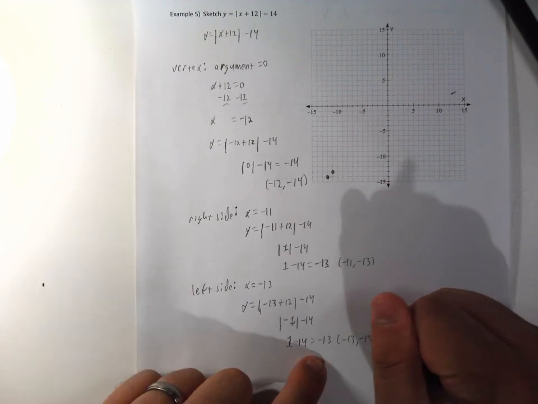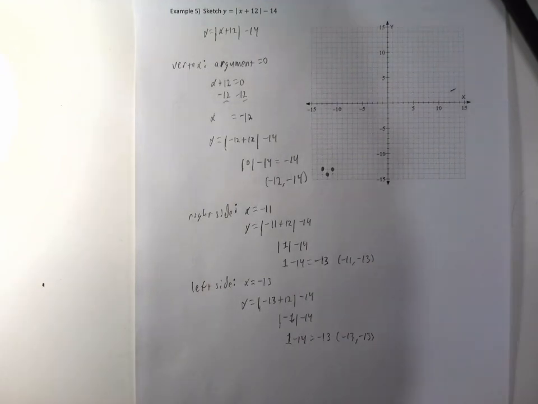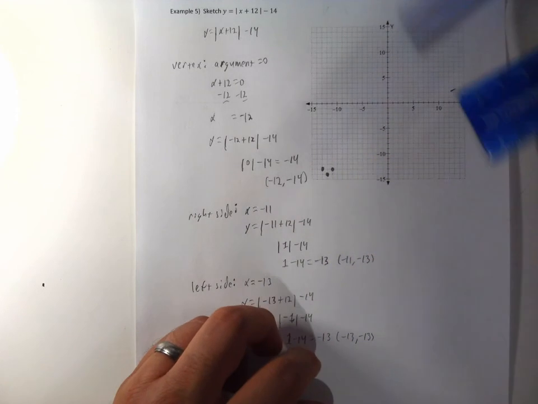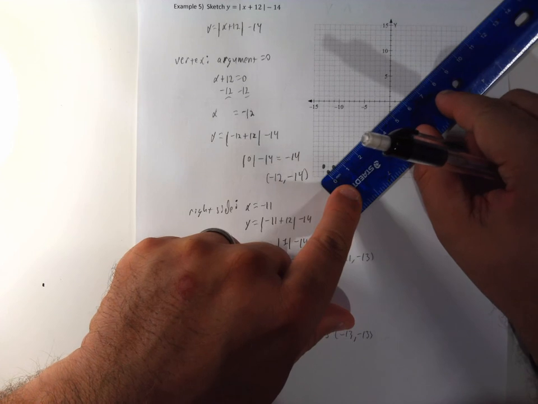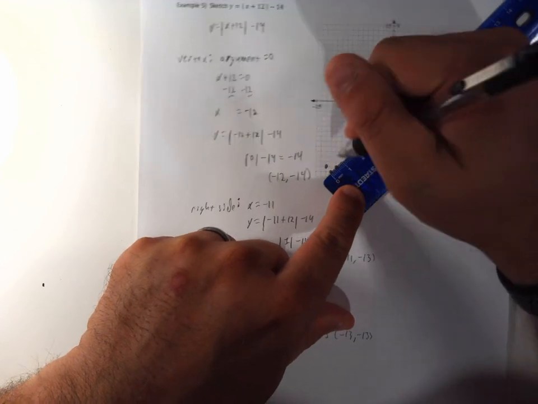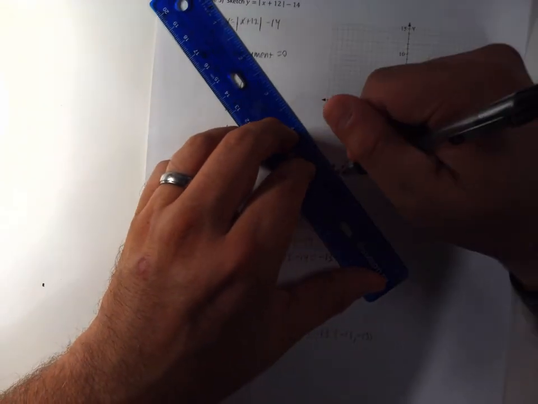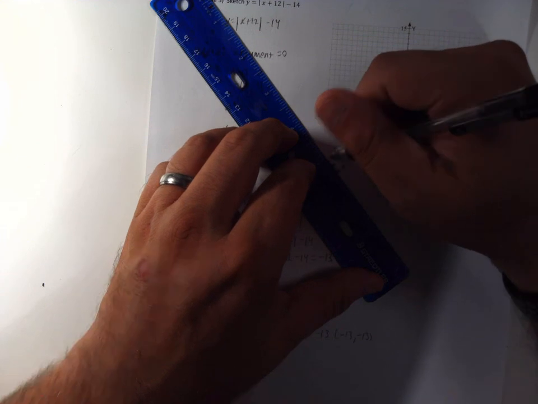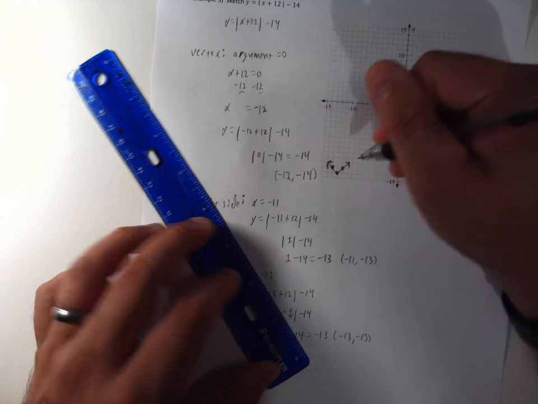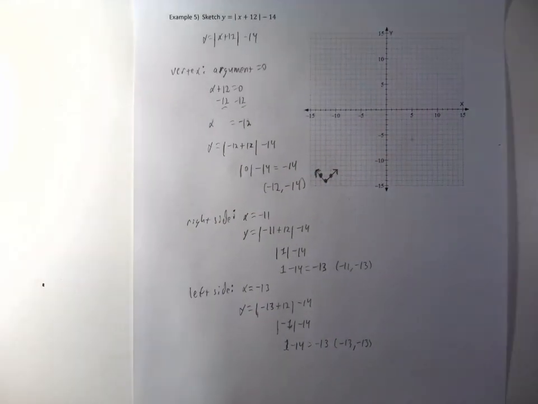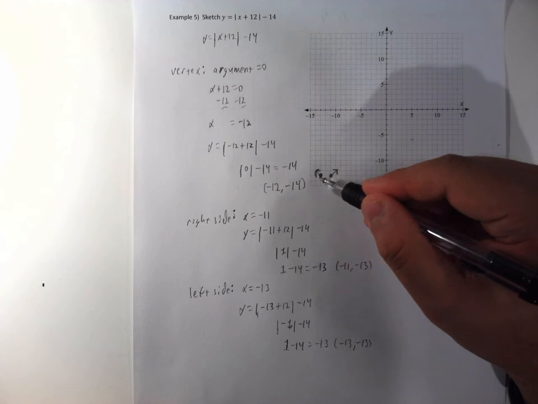Remember, it's supposed to be V-shaped. Okay, so if you notice, the y-coordinates on each side were the same.